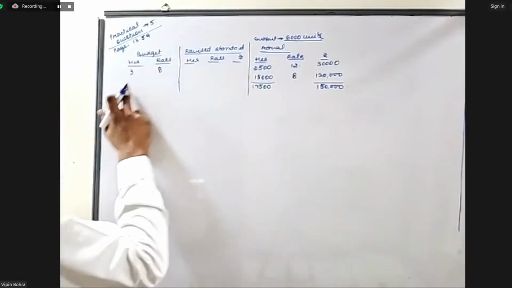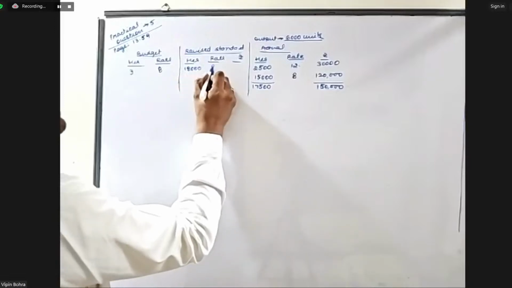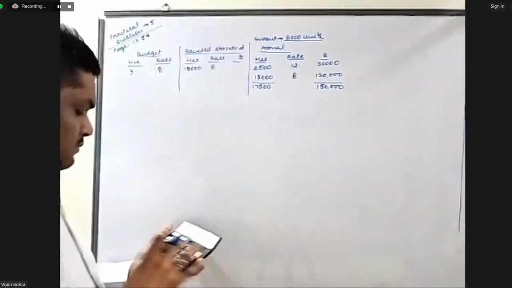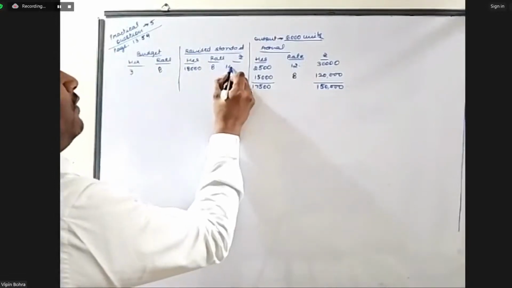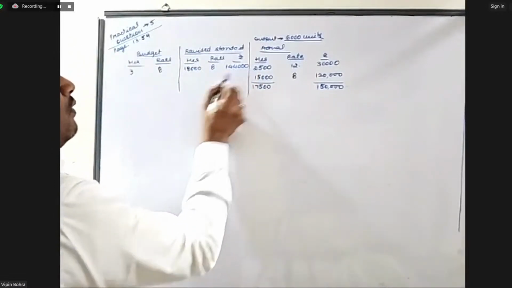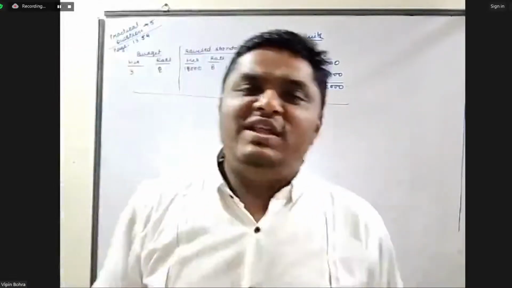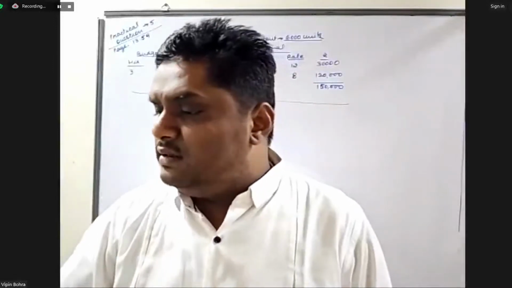So 1 unit 3 hours, so 6,000 units, 18,000 hours at the rate 8 per hour. So this will be 1,44,000. So now we are ready with the master chart. Now we can easily calculate all the variances.